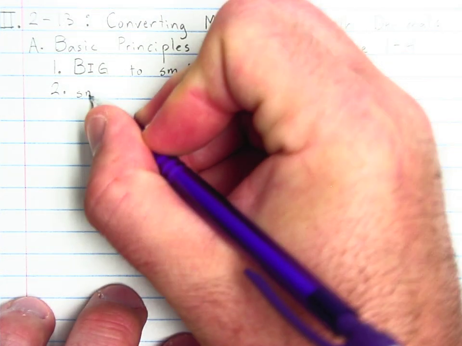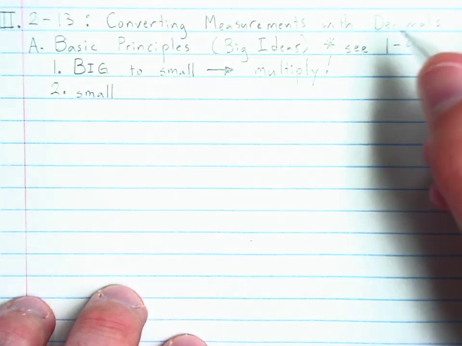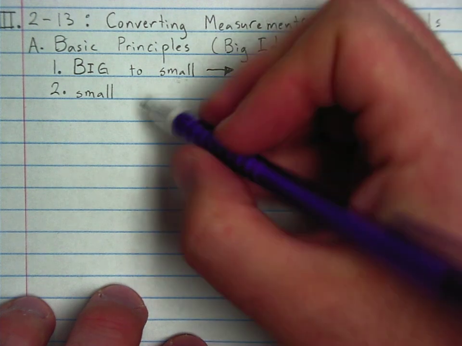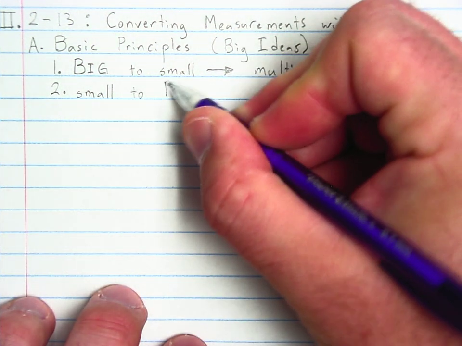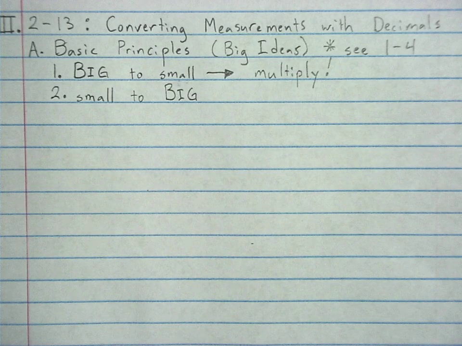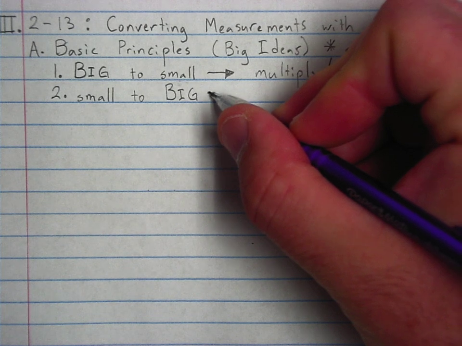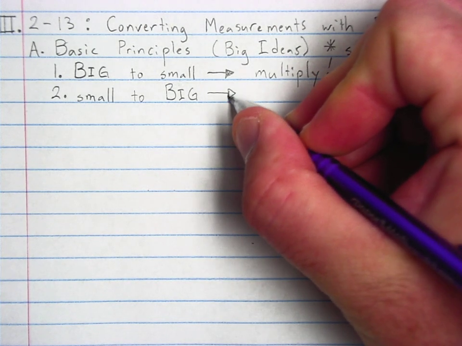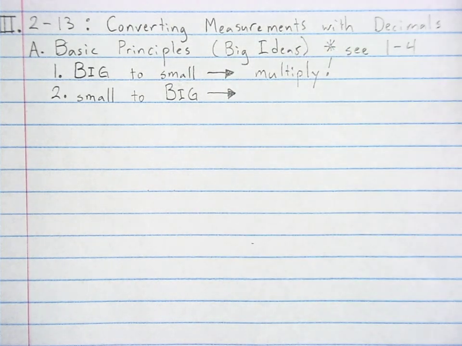Now, if we're going the other way, you start with a small unit, again, let's say a centimeter, but you're going up to a larger unit of measure. If you're going from centimeters up to meters, then what happens is you're going to have a lot of centimeters, let's say.